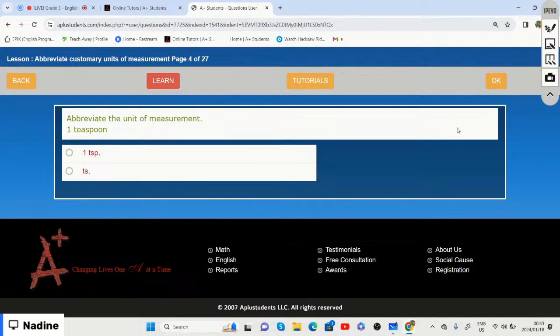Teaspoon. If we want to measure a teaspoon, is it 1 TSP or TS for teaspoon?